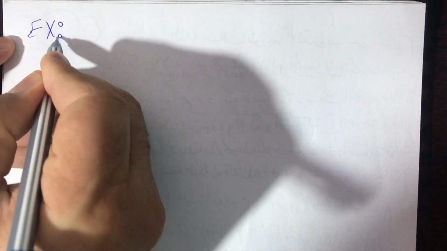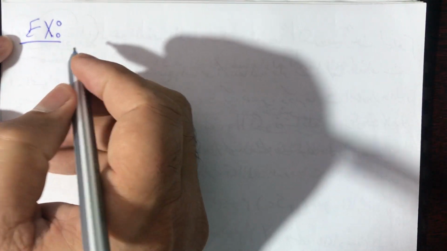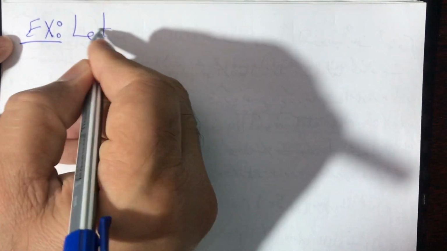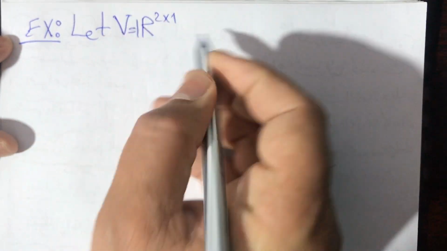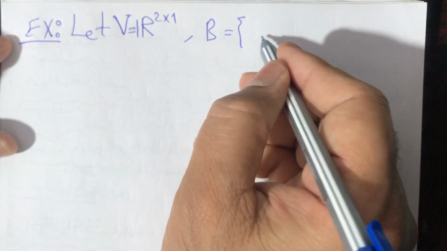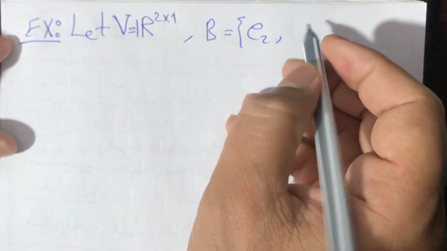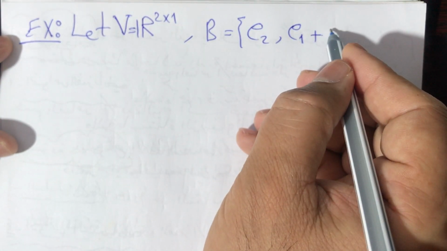I can take another example also. Another example. Let V be R2 times 1, and B is equal to {E2, E1 plus E2}.